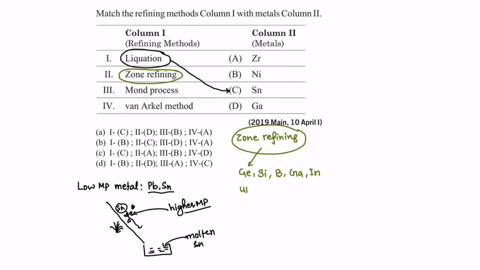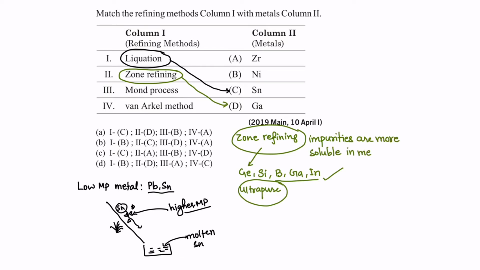So we do zone refining to produce ultra pure silicon and germanium, the semiconductor materials from which devices are made. Here zone refining will be done for gallium. So the second will match with D. And the principle is that impurities are more soluble in the molten phase than in the solid state of the metal.